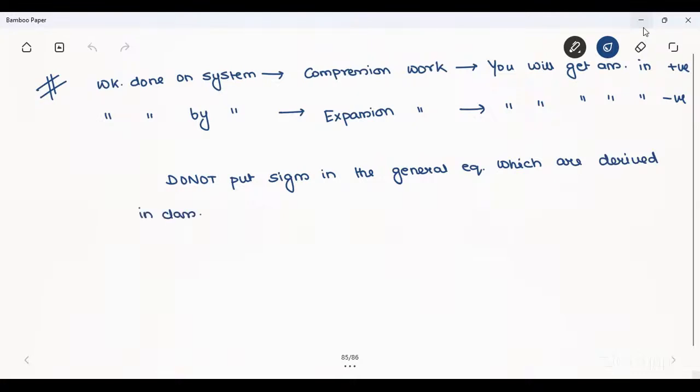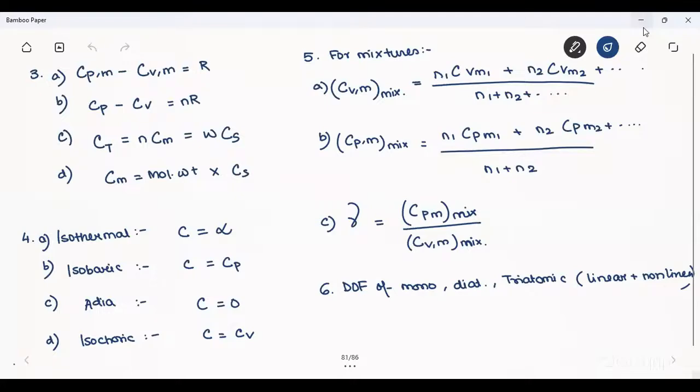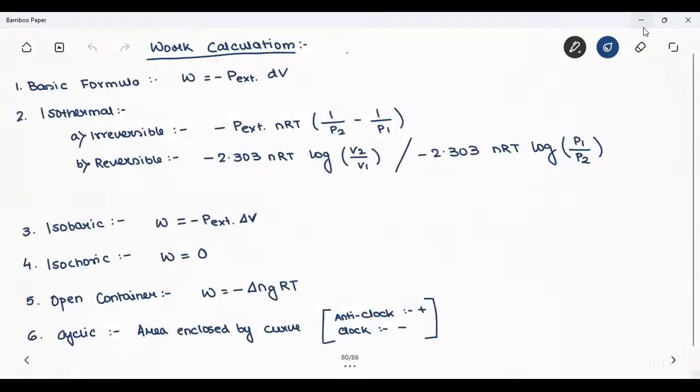Like, suppose you are calculating work done for an isothermal reversible process, so you will be using this formula only. You know that it is a compression work. Don't put plus here; you will get the answer in plus. The values will automatically be adjusted.